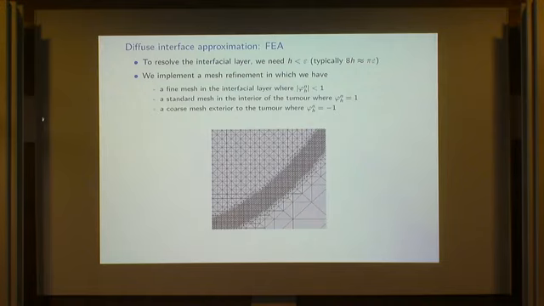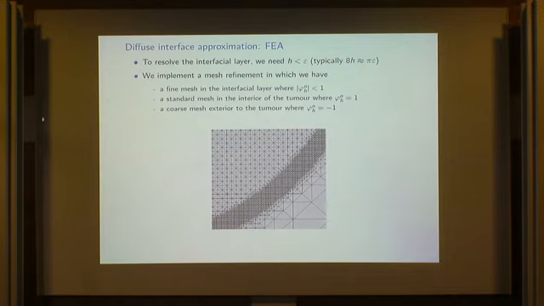We have a very fine mesh in the interfacial region. Typically, whatever value of epsilon you take, you need pi times epsilon divided by 8 to be your value of h. Because the width of the interfacial region is pi over epsilon, you need pretty much 8 grid points across your interfacial region.